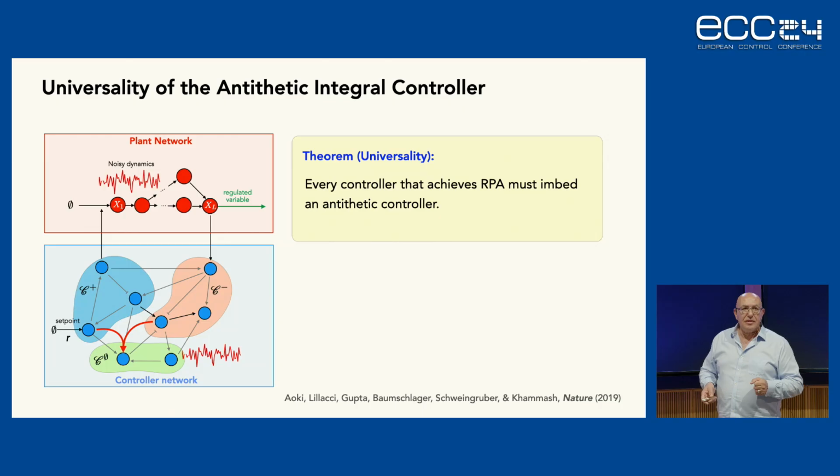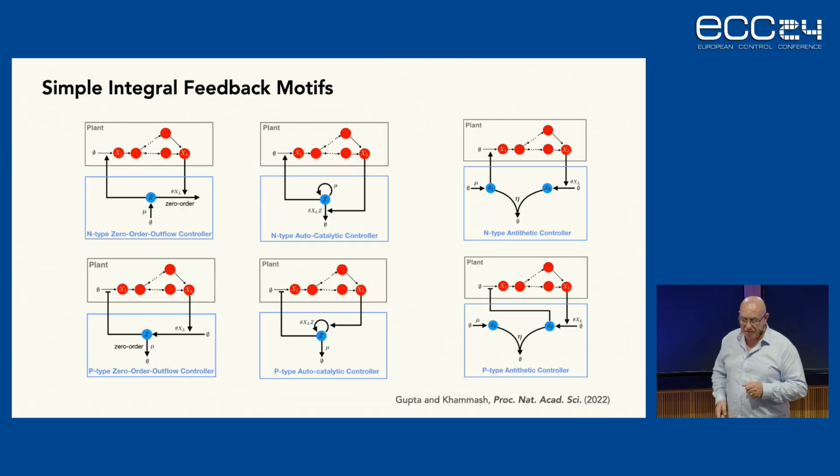And there must be one reaction that takes one of the species in C+, combines it with another species of C minus, and with a product in C0. So if your system is stochastic and you want to build an integral controller, this is the only way to do it. Now, you can, of course, add other species which will help you adjust the transient dynamics. As long as you have that reaction shown in red here, you will take care of the steady state tracking. But then you can also enhance the transient dynamics as well.